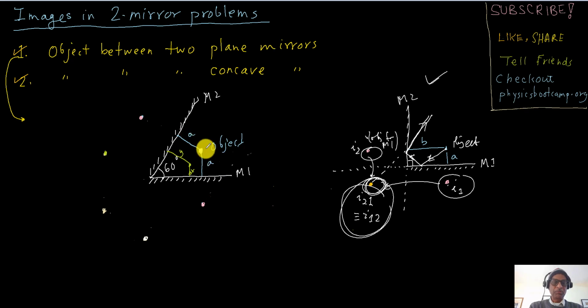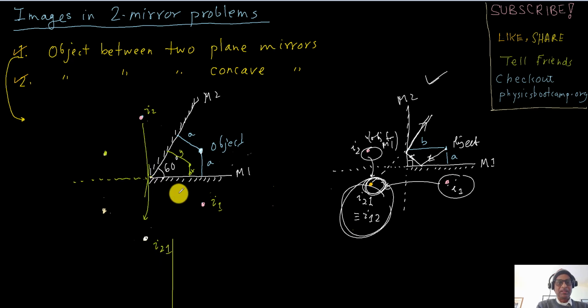So this will be the image in 1, and this is the image in 2. Then this one reflected over there will be the image of 2 in 1, and this one reflected over there, the image of 1 in 2.